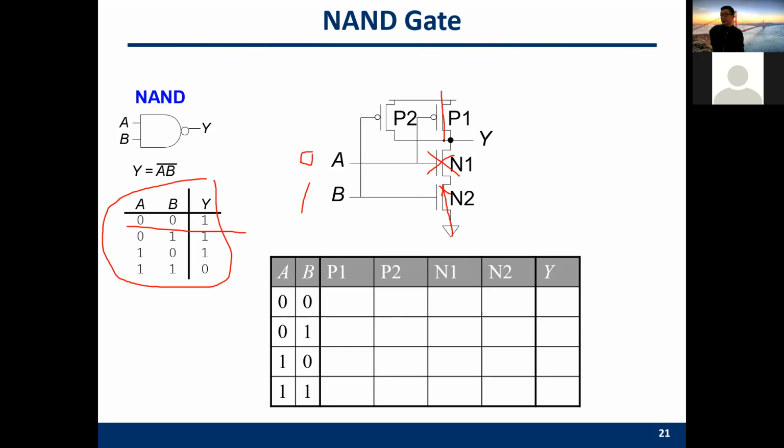This one is closed. 1 can pass through this gate to Y. So here is 1, so this one is also open. Nothing can pass through this gate. So eventually Y is influenced by this PMOS. So Y is a 1. A is 0, B is 1, so Y is 1. Also, we get the right answer of the truth table. You can continue to do the analysis on A is 1, B is 0, and both A and B are 1s.